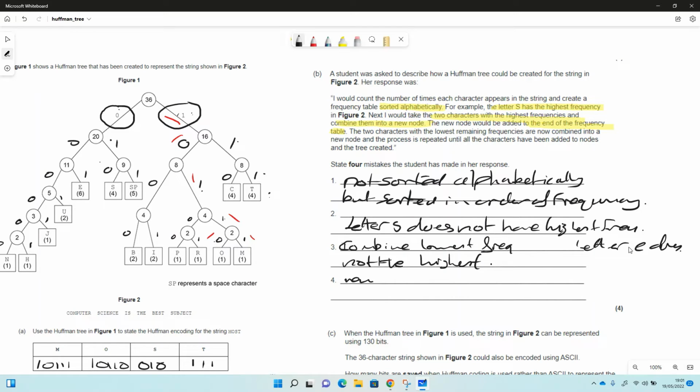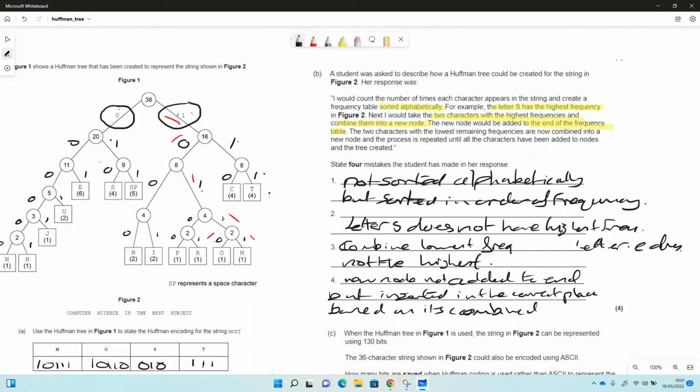So new node not added to end, but inserted in the correct place based on its combined frequencies. So we've got all 4 points on that one now.